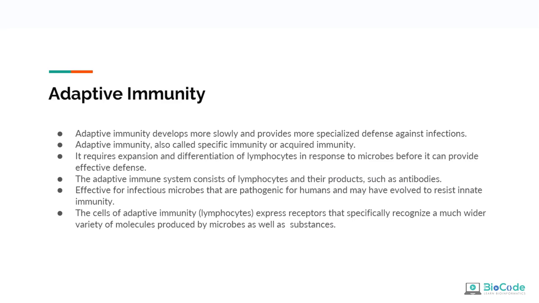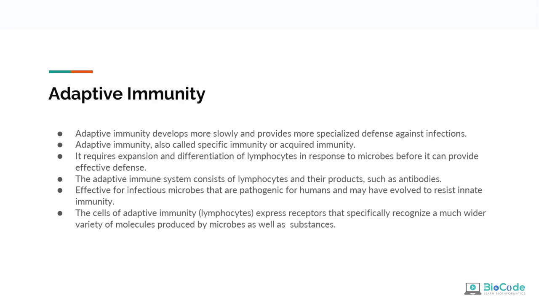Adaptive immunity. Adaptive immunity develops more slowly and provides more specialized defenses against infection. Adaptive immunity is also called specific immunity or acquired immunity. Why?